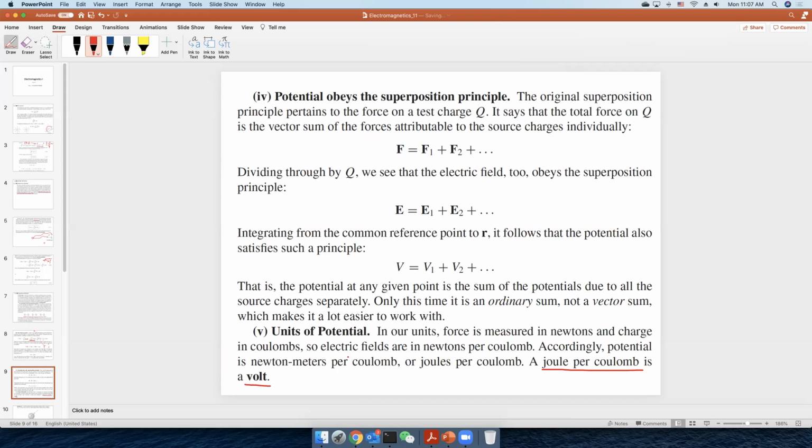This is also a very common unit that we use in daily life. Note that the voltage of our, let's say, electric circuit is 110 volts. That's the same unit.